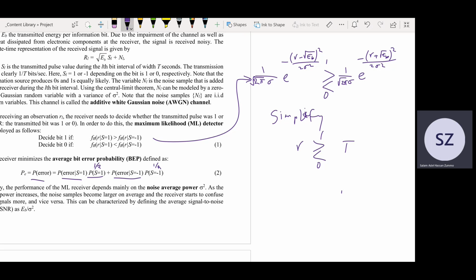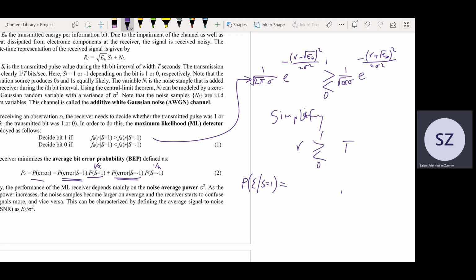So what you need is to find the probability of error given S1 and the probability of error given S equal minus 1. Well, how to find the probability of error given S equal 1?